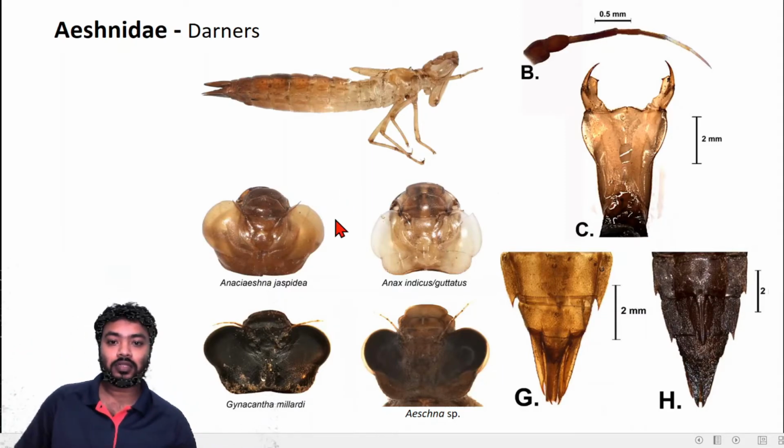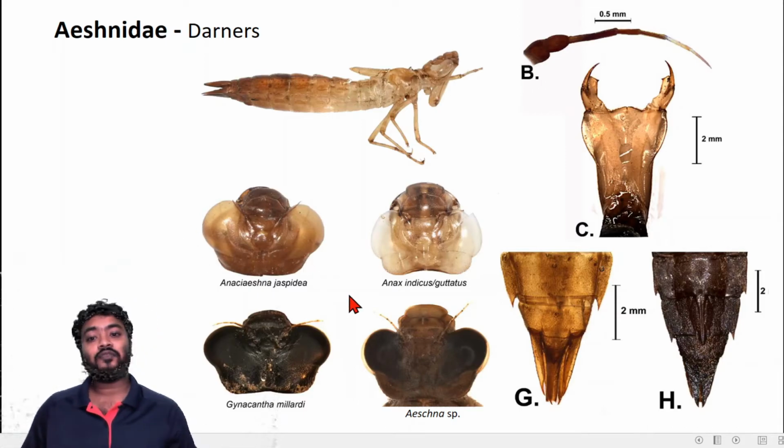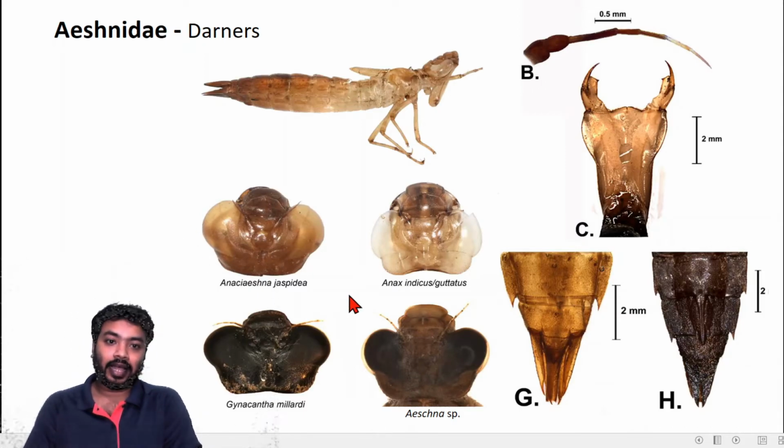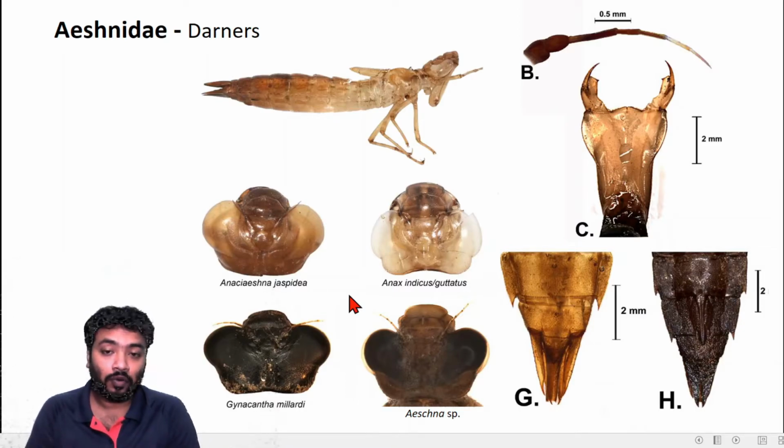Okay, so this is Anaciaeschna. Anaciaeschna is a very small exuvia. The adult species is not very small, but surprisingly the larva is smaller than 4 centimeters. So that is a very prominent difference from Anax.